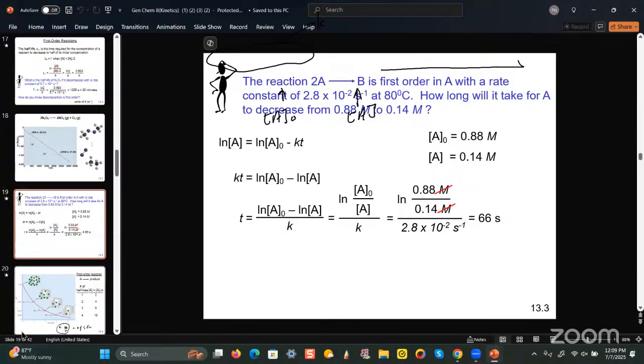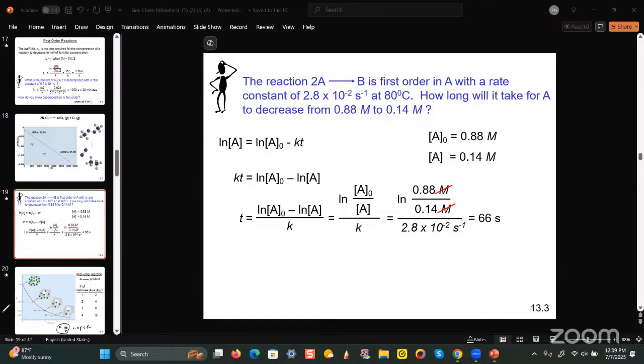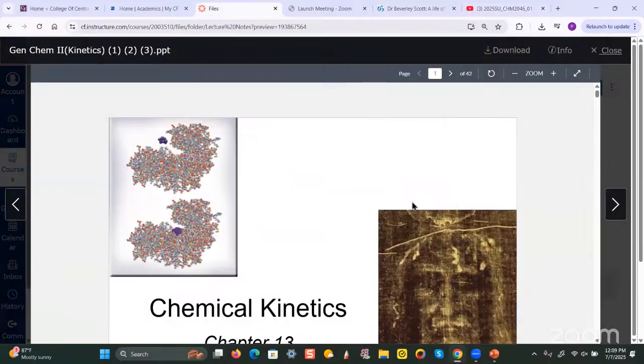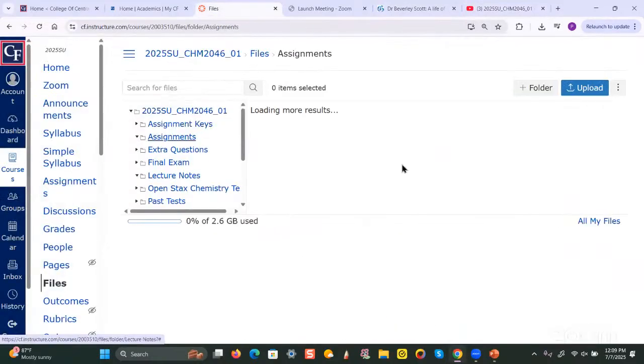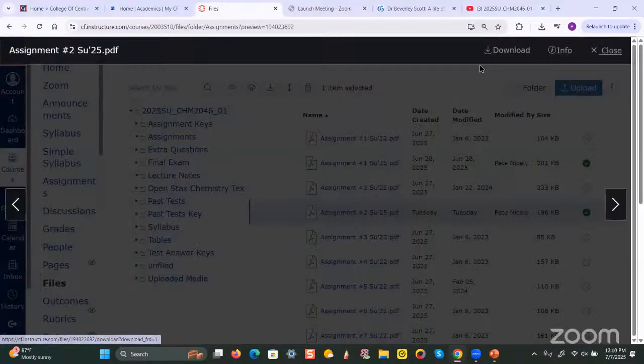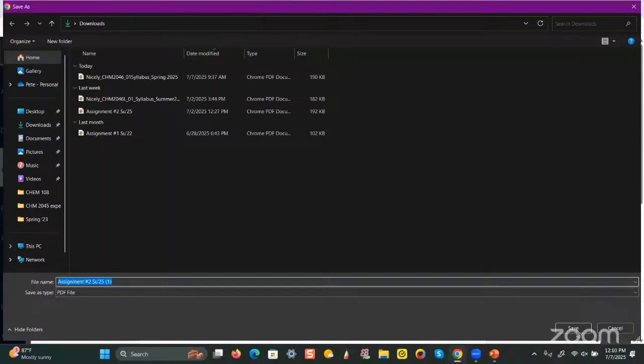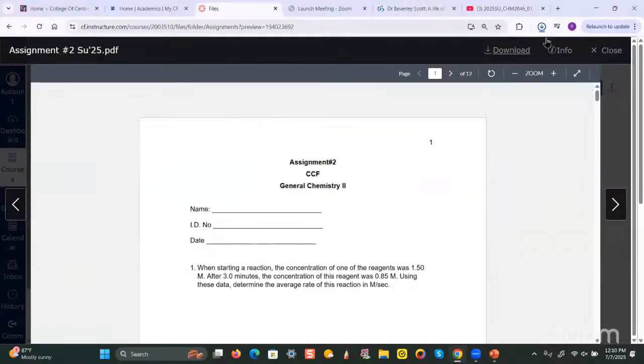Okay, so let me clear this and go to the assignment, because now we should be able to do assignment 2. So I'm quite sure there's at least one question we're able to do from assignment 2.